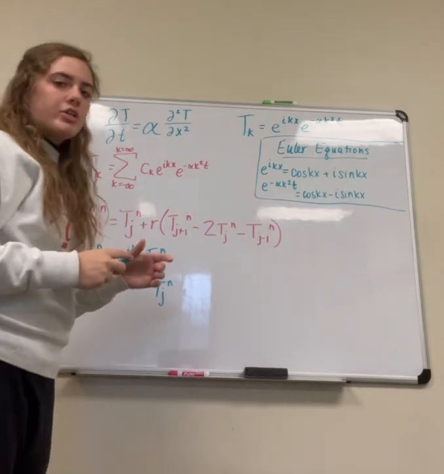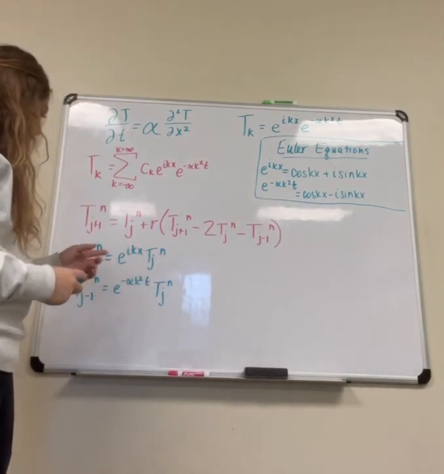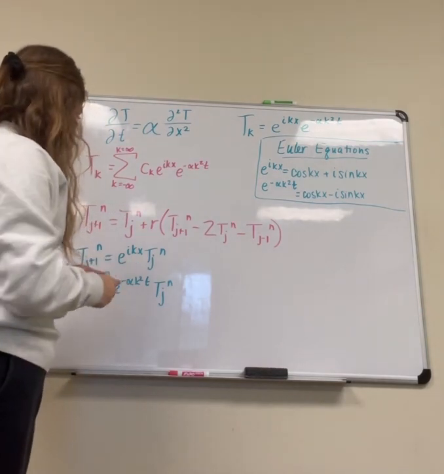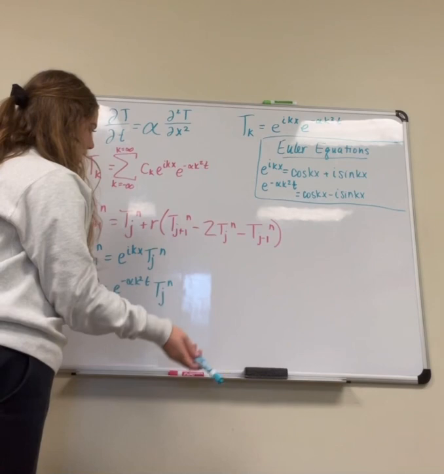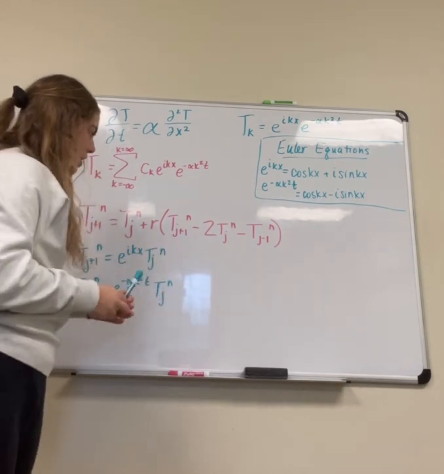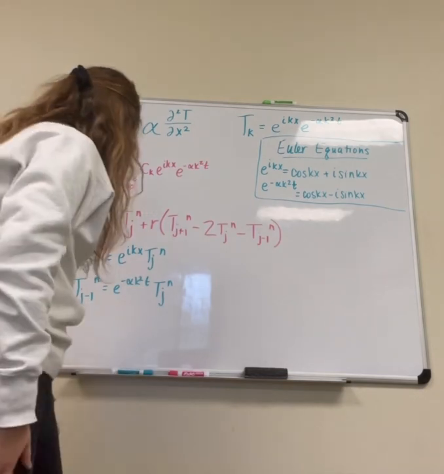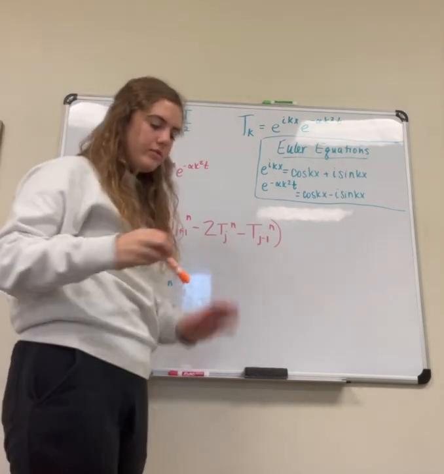So now that we used the summation to solve for Tj plus 1 to the n and Tj minus 1 to the n, you see that we are able to plug these terms into our heat diffusivity equation up above. And so I'm going to do that in a different color here.